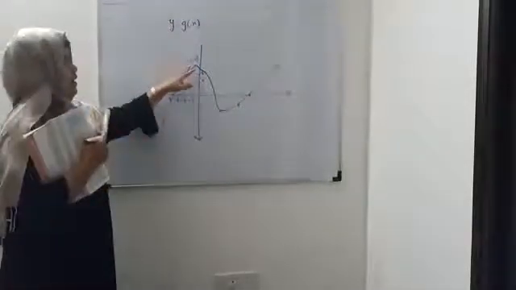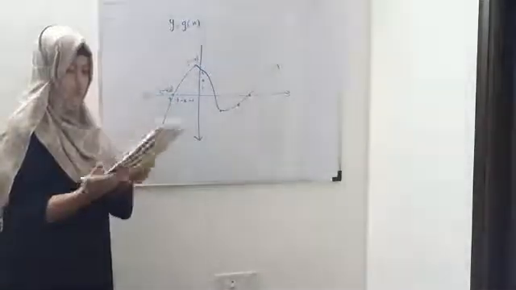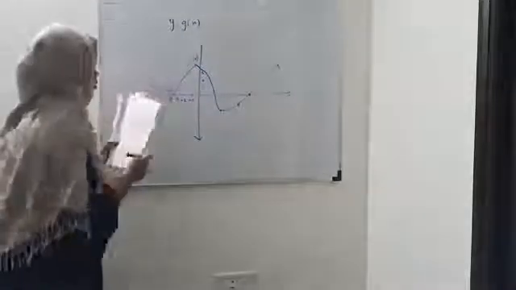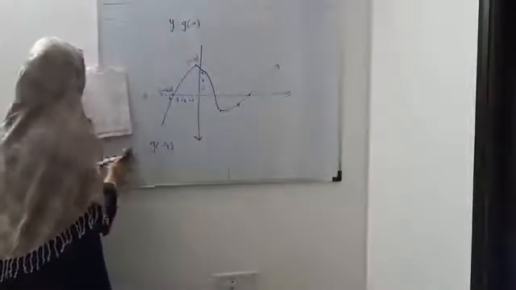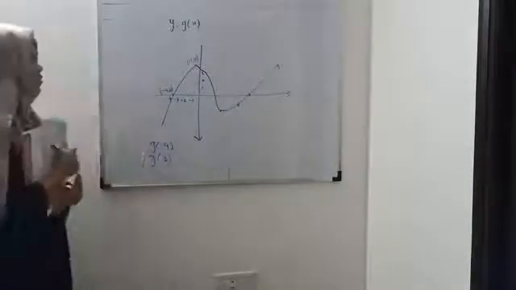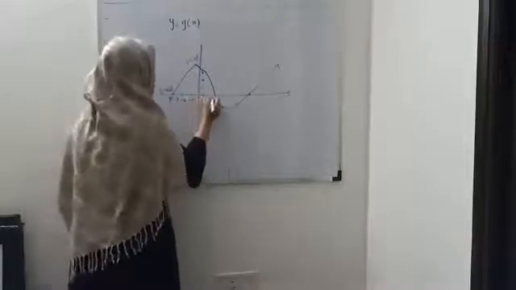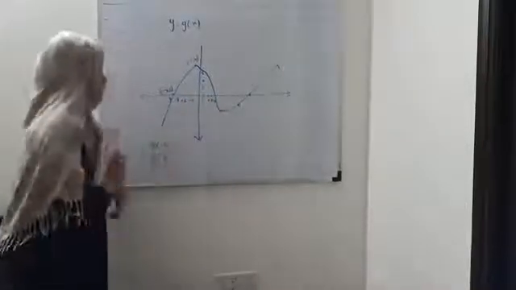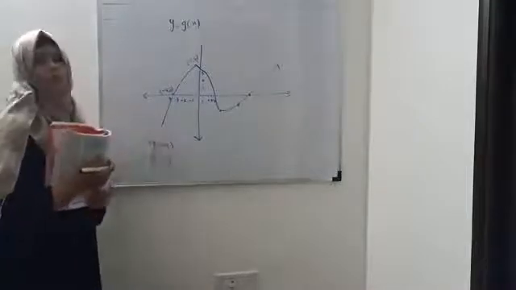So this point is minus 1 comma 4. This point is minus 4 comma 0. Find g of minus 4 and g of 3. g of minus 4 means, see here it will be 1, 2, 3, 4 like that. So first of all you have to find the value of g of minus 4.